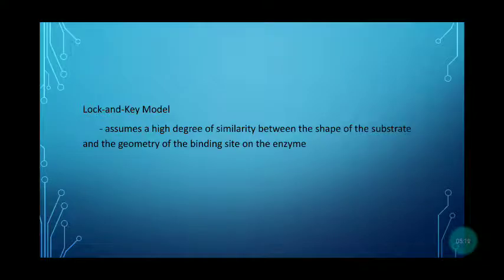There are two models often used to describe the binding. First, the lock and key model. It assumes a high degree of similarity between the shape of the substrate and the geometry of the binding site on the enzyme. The substrate binds to a site whose shape complements its own, like a key in a lock or the correct piece in a three-dimensional jigsaw puzzle.